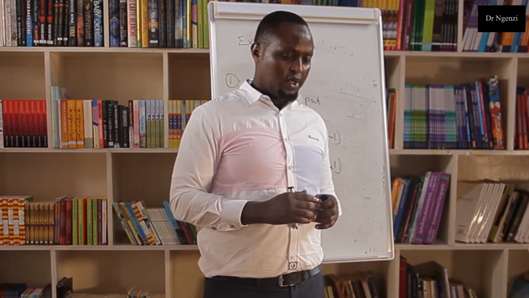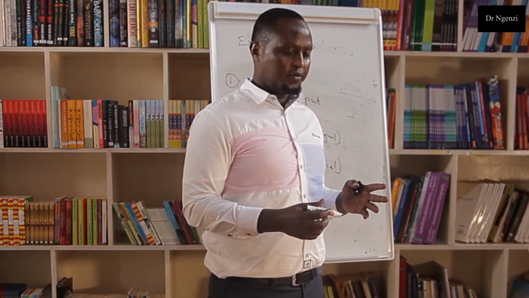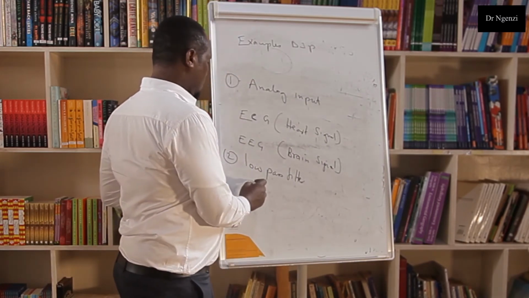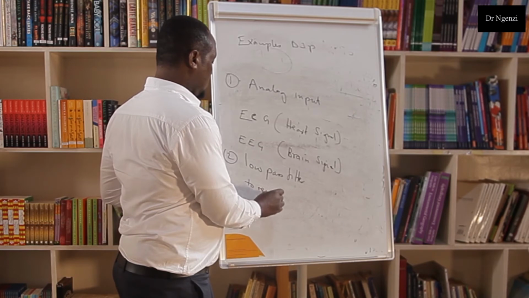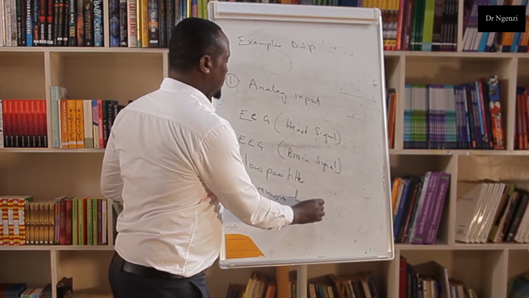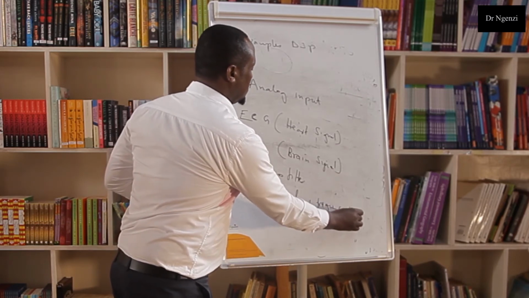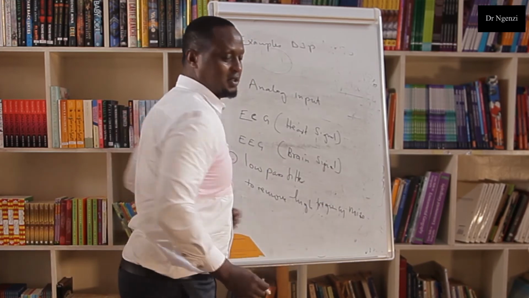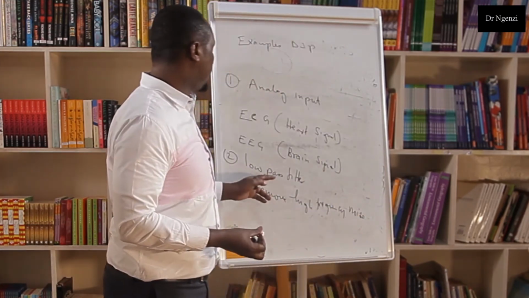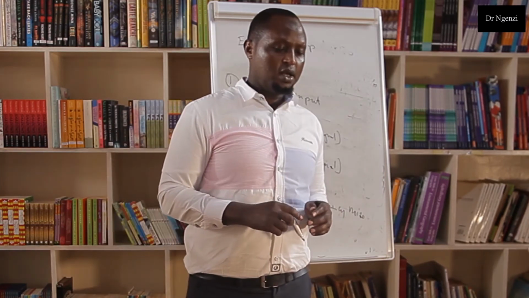For example, if you want to remove high frequency noise, they are used to remove high frequency noises. So the noise is going to be removed by this low pass filter, which was our second step.